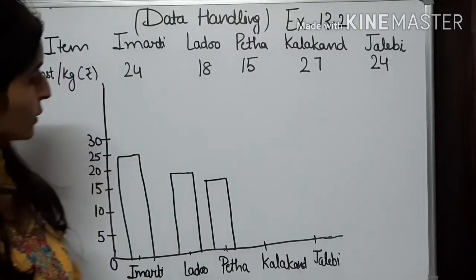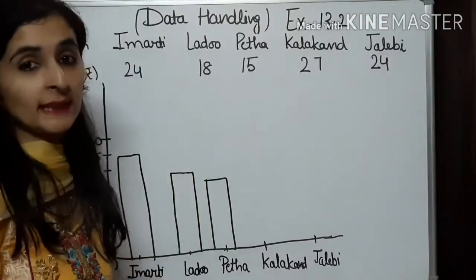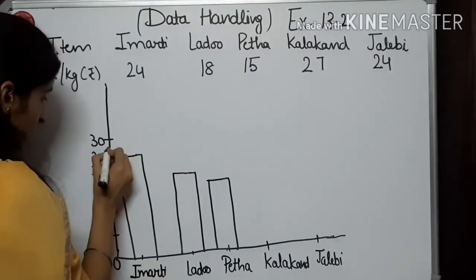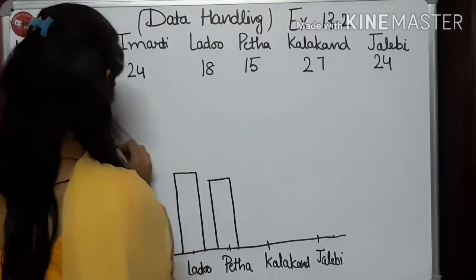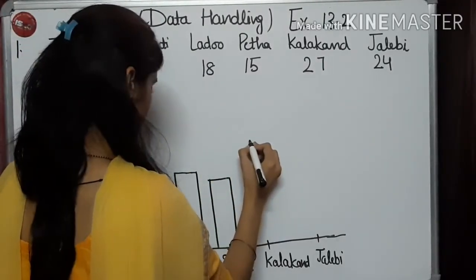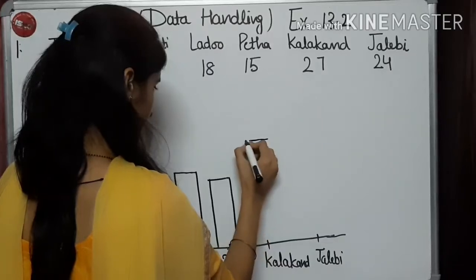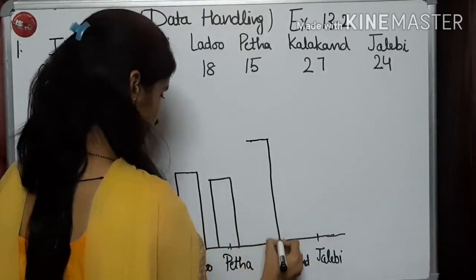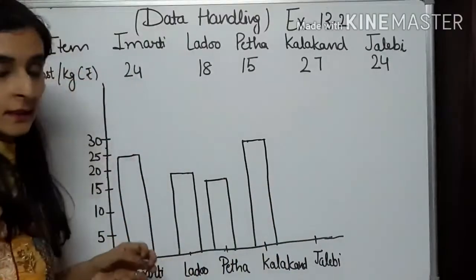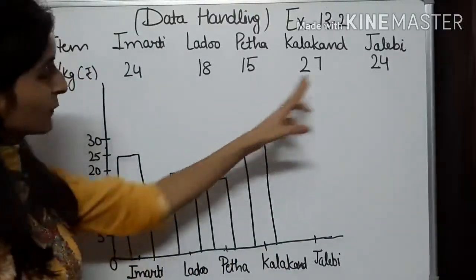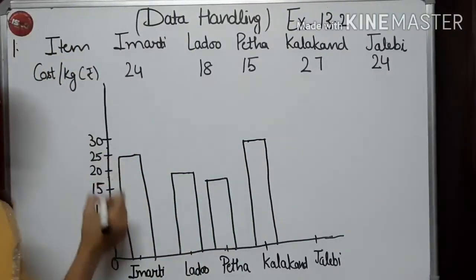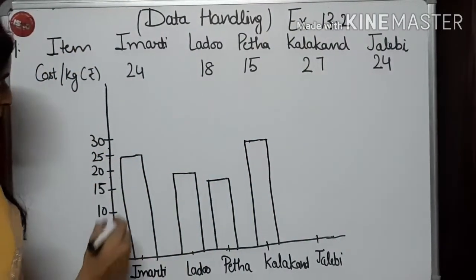After that, the cost of Kalakand is 27 rupees. 27 will be nearby here. Right? Then we have the cost of jalebi, 24 rupees. 24 is nearby 25.